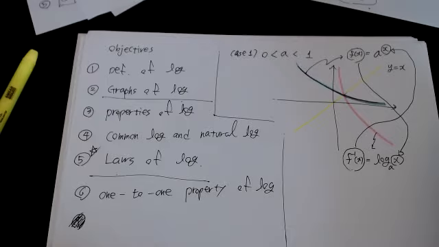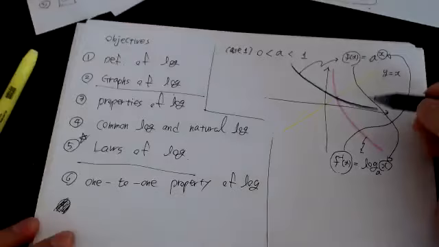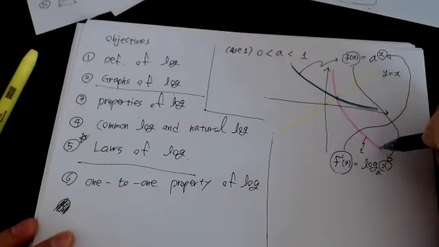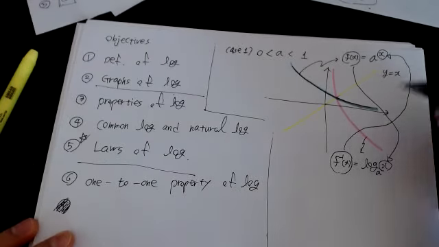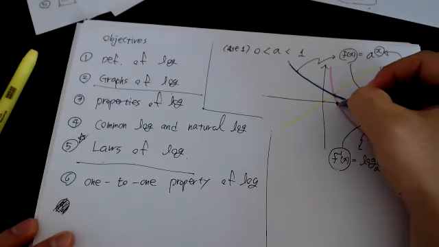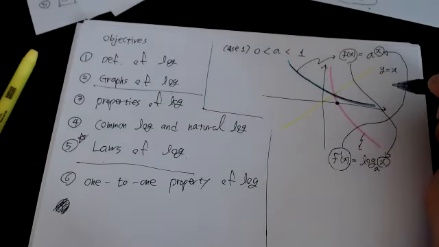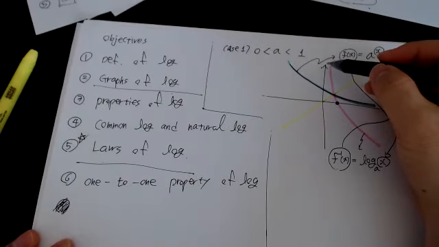That's the relationship between a function and its inverse function, right? So keep in mind this is the graph of the log function to the base a, where a is between 0 and 1. You can see that the log function doesn't have a y-intercept because the graph never touches the y-axis.